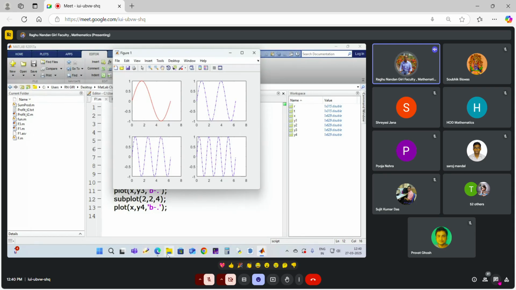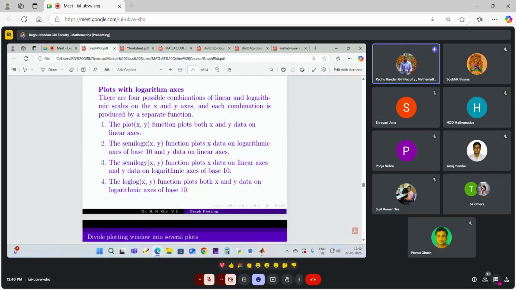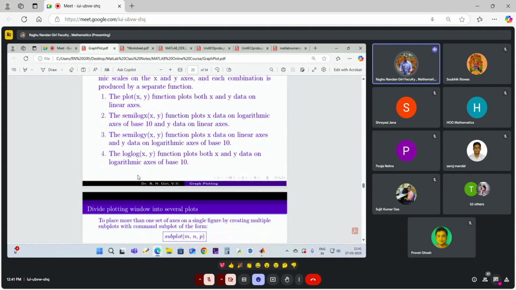Instead of the plot command, you use semilogx. Semilogx means the x-axis is the logarithm axis and the y-axis is the linear scale. Similarly, semilogy means the y-axis scaling is logarithm and the x-axis is linear. When both axes are in logarithm form, you have to use loglog instead of plot.